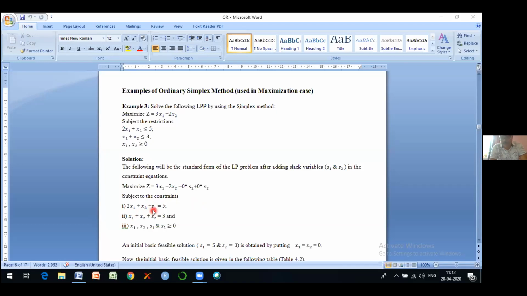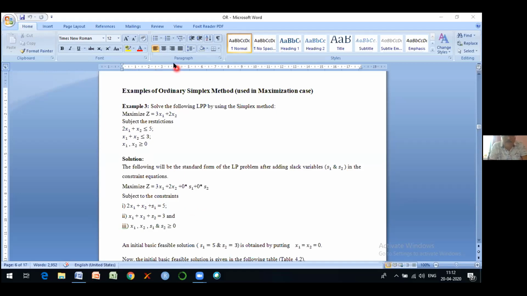So if we add, then it will be equal to 5. But the value of s1 must be greater than 0. That means the value of s1 should be positive. This s1 is called slack variable.